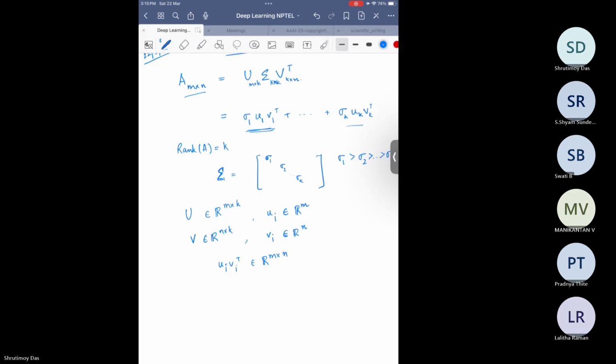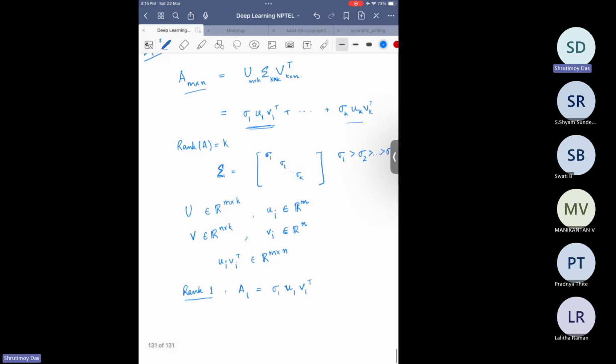So say I have a rank one approximation of it. Let me call it A1. So A1 is basically sigma 1 u1 v1 transpose.